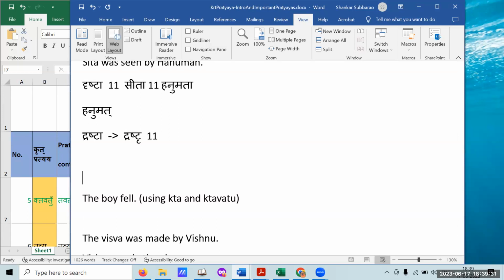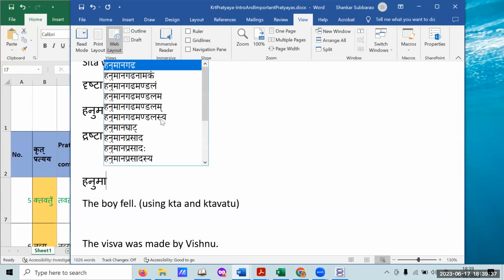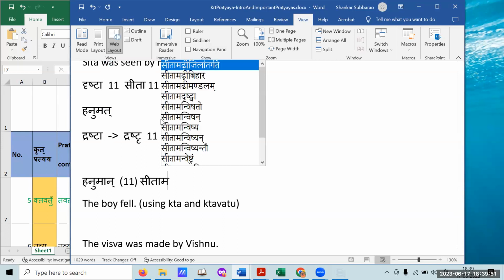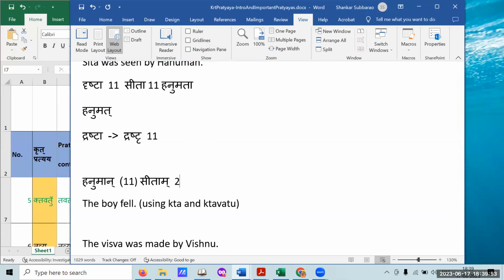Everything is not Rama. Correct. Hanuman, Sitam. So let us write it. Hanuman is 1-1 now. He is karta. And what did he do? Sitam. What case is that? 2-1. Correct. Sitam will be 2-1.